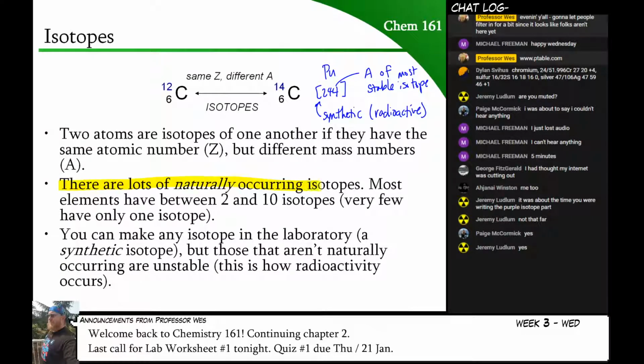I don't know the number off the top of my head. Most atoms have multiple possible isotopes that are stable. And so that means that between 1 and 10 combinations of protons and neutrons for a given element stick around for longer than 4 billion years.